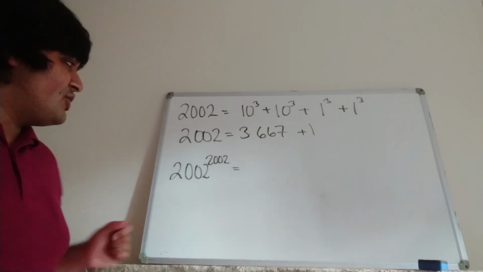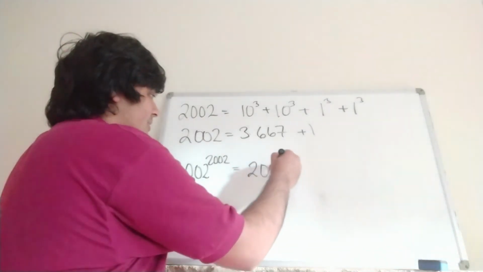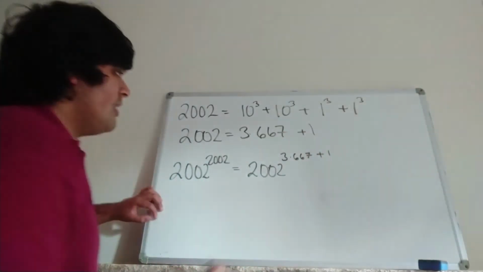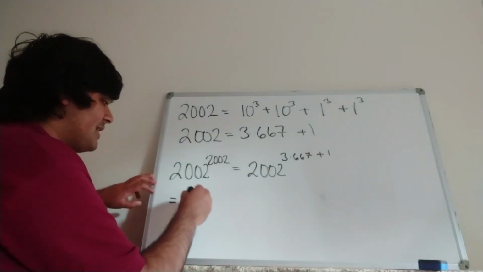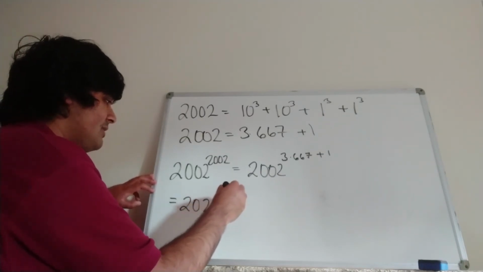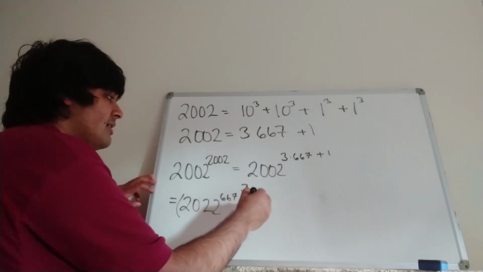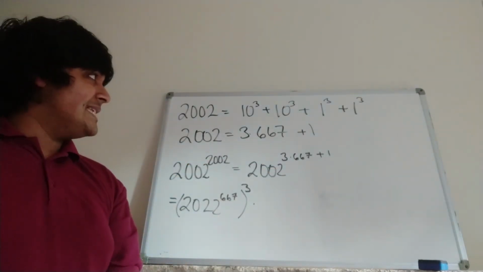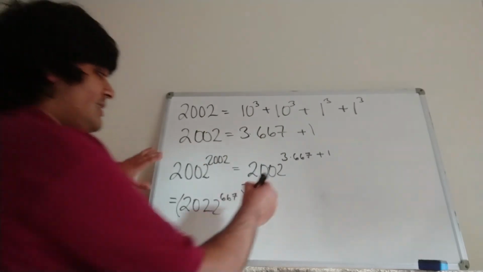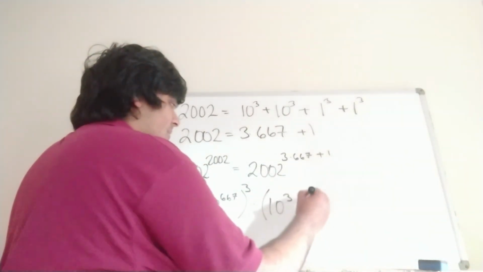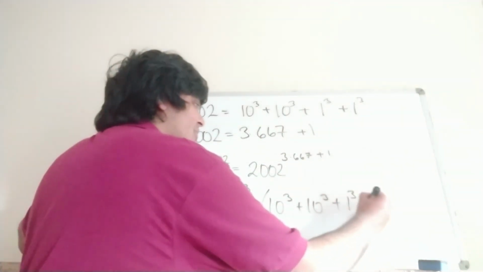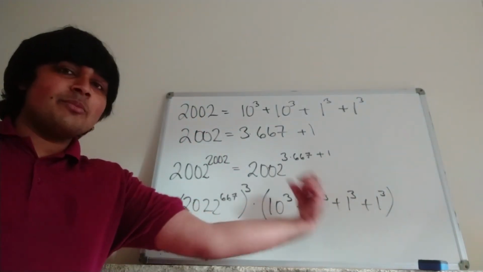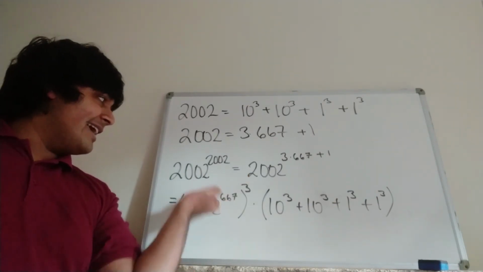Well, this is just 2002 to the 3 times 667 plus 1. We can write this as 2002 to the 667, cubed, times 2002. But 2002 we can write like this, so this is just 10 cubed plus 10 cubed plus 1 cubed plus 1 cubed. Cool. So we've got 4 cubes summed together, and then we're multiplying that by this big number cubed.